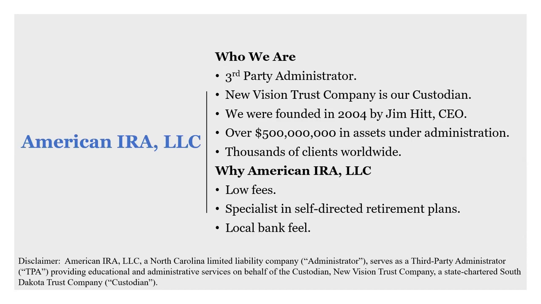And so we're actually one of the few self-directed IRA providers that is a fully integrated self-directed provider, meaning we have the same ownership group for American IRA as we do for New Vision Trust. That gives you as the client a few benefits. First and foremost, it allows us to keep our fees exceptionally low because we're not completely separate companies with different ownership groups that need to create profit margin.